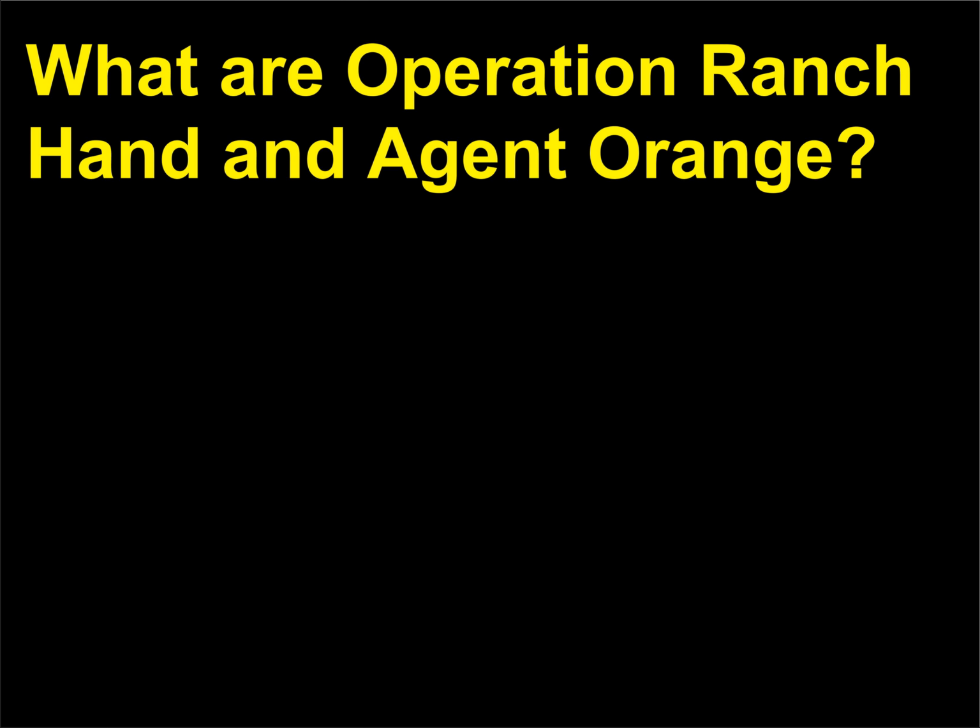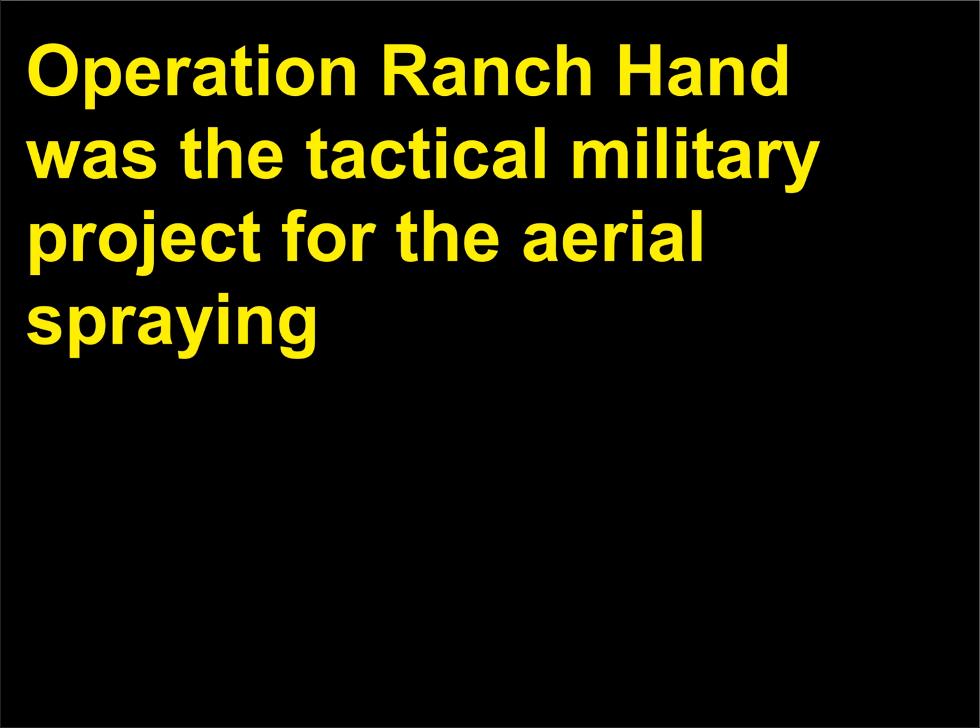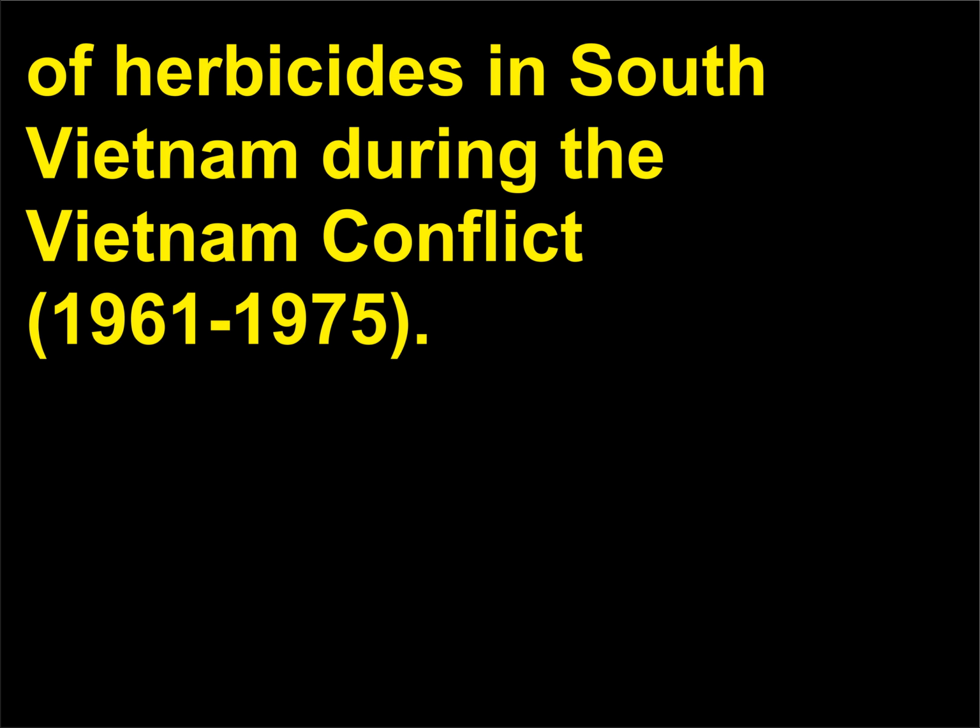What are Operation Ranch Hand and Agent Orange? Operation Ranch Hand was the tactical military project for the aerial spraying of herbicides in South Vietnam during the Vietnam conflict, 1961 to 1975.